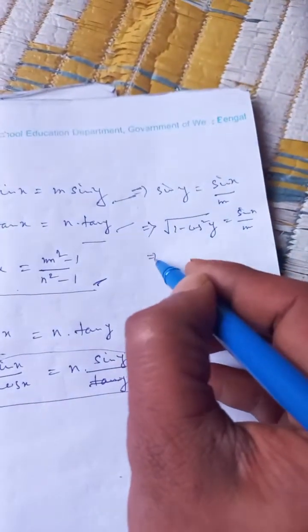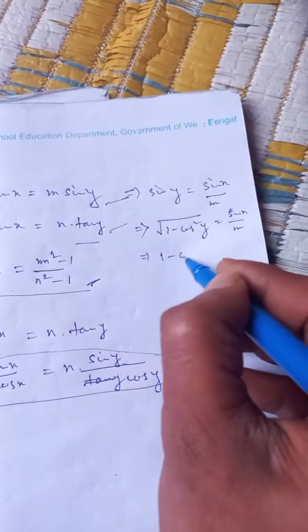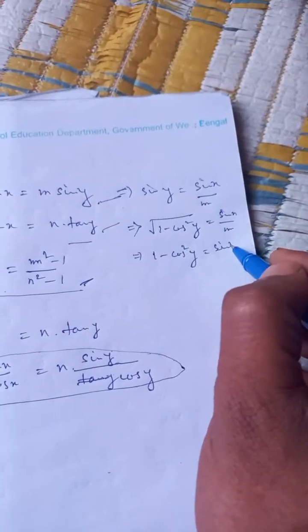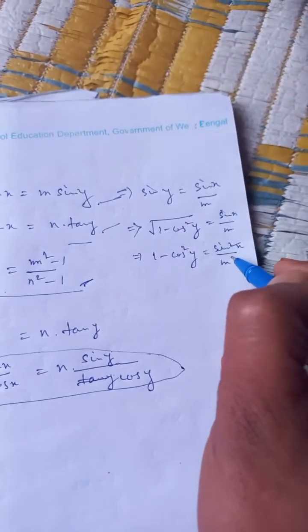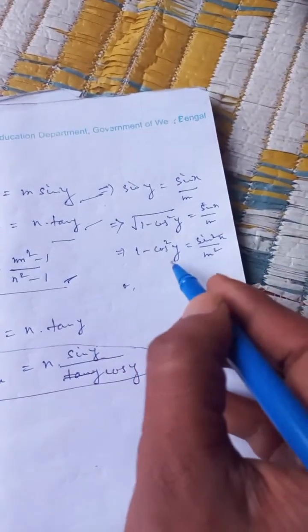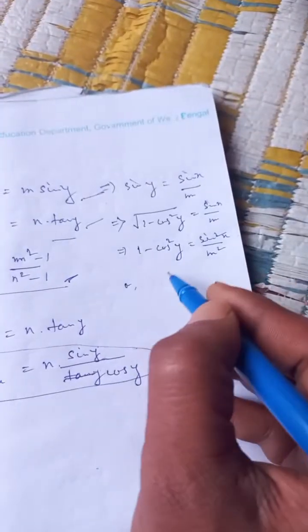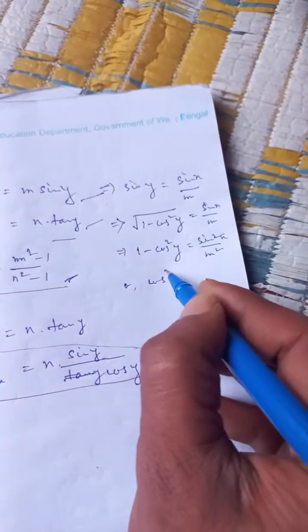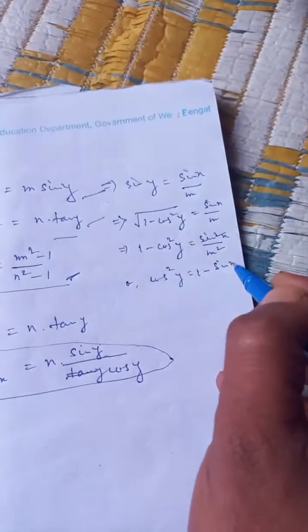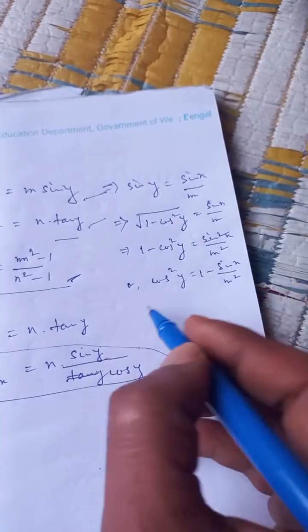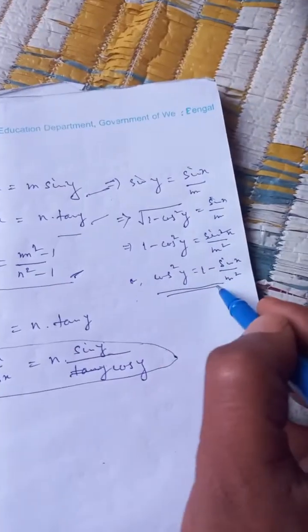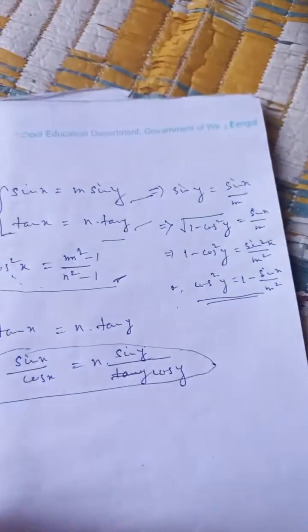If we now square both sides, then it will be cos square y is equal to 1 minus sin square x by m square. We keep it now, we will solve it later.